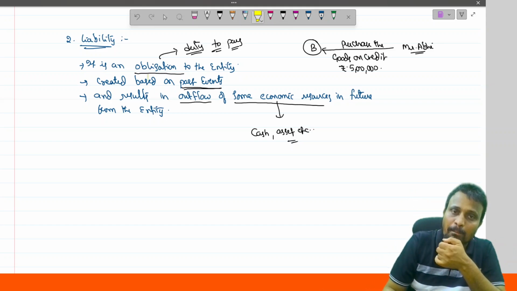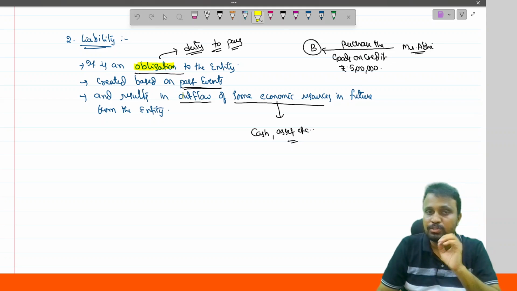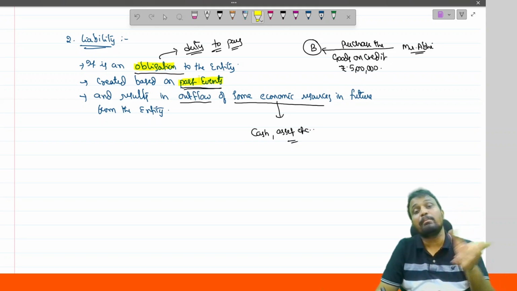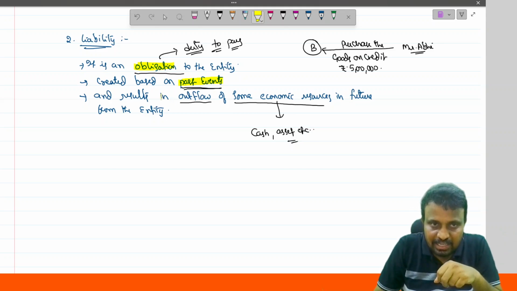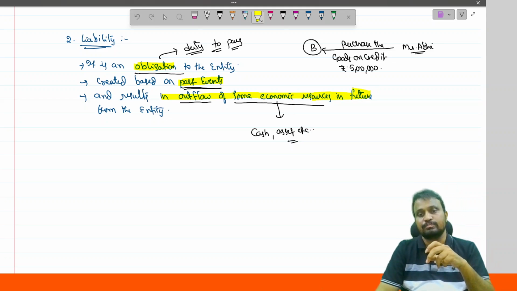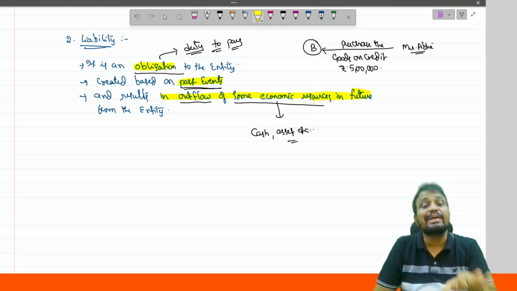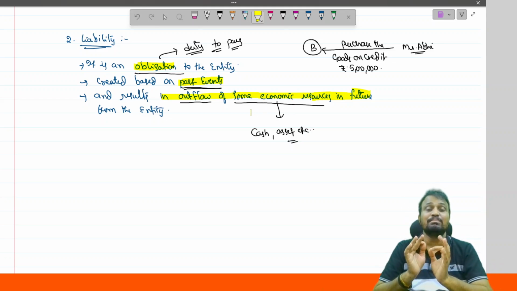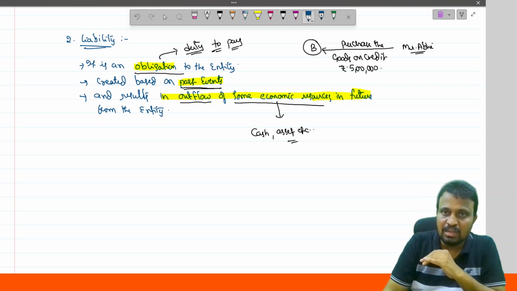It is an obligation to the entity, created based on a past event, and results in outflow of economic benefits in future. It is said to be a liability.